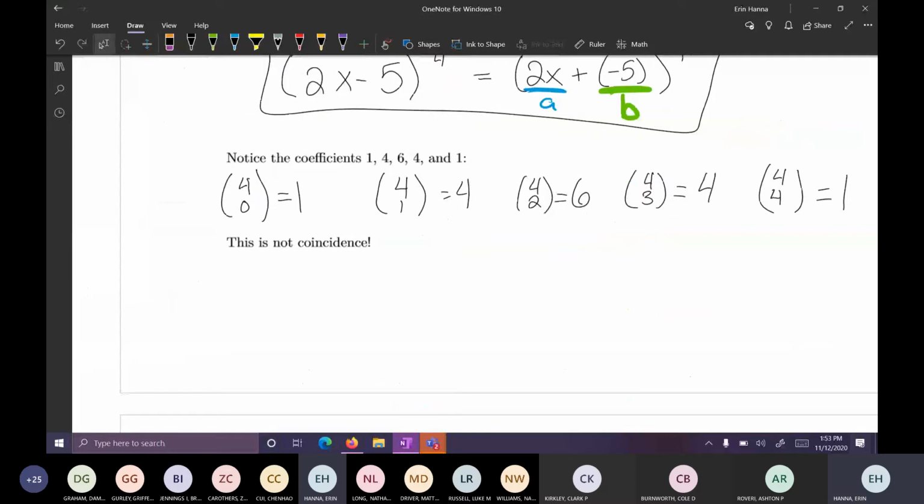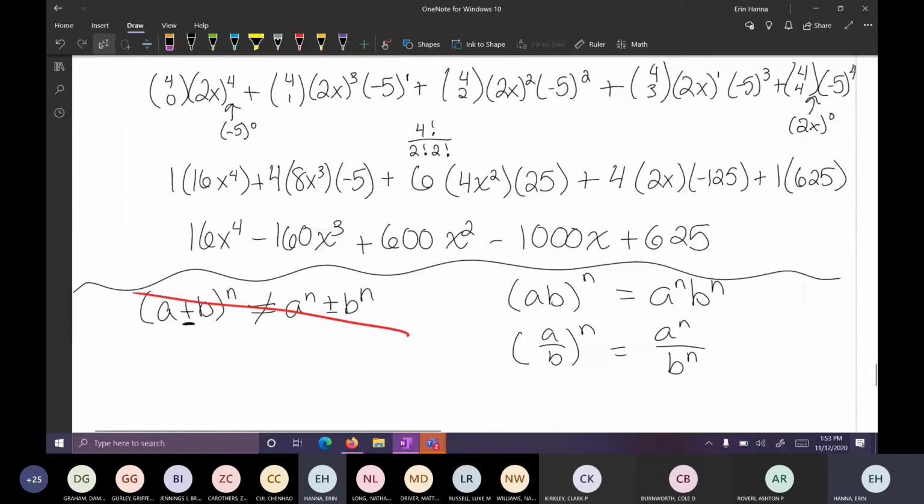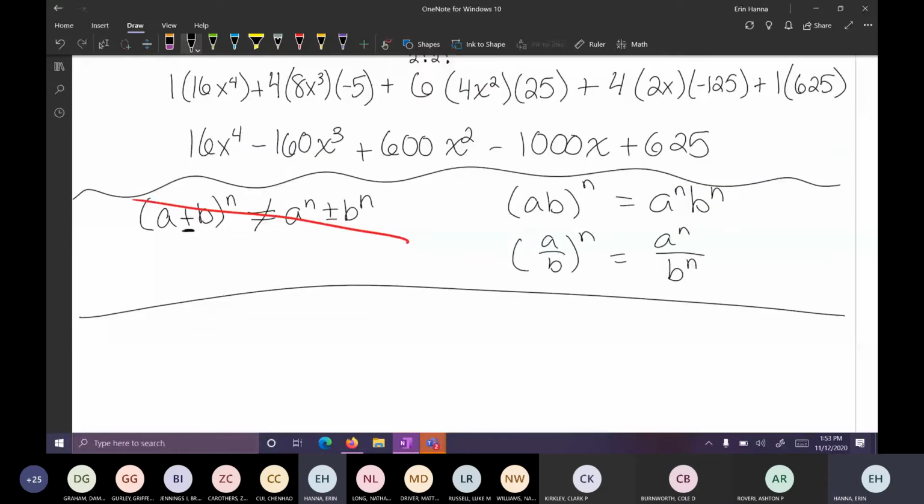I believe for your homework, there's like 1 or 2 questions where it says something like, what is the coefficient of the whatever term? So it would say something like, let me try to think of one off the top of my head. This is dangerous.